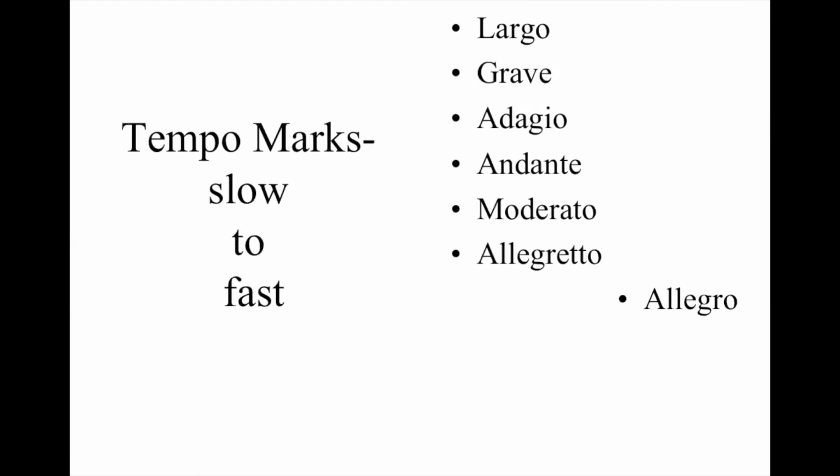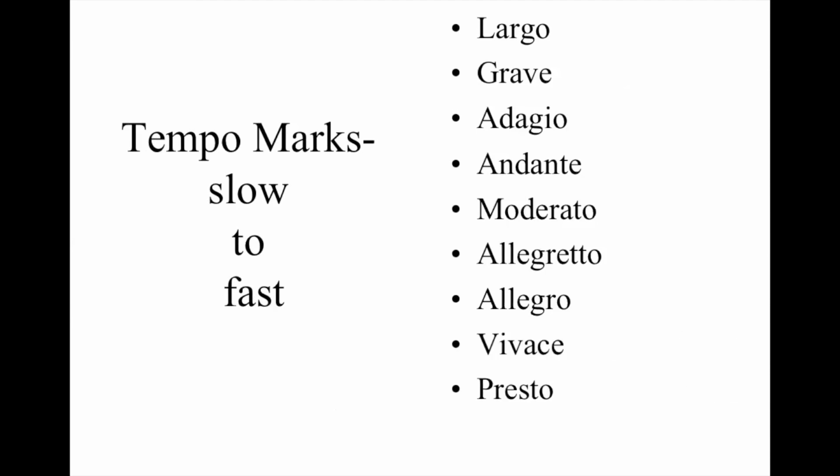So this screen has a number of tempo marks that would be good for you to know. It might seem like a lot, but I promise there are even more in this world. These are all Italian words. Largo, which is very slow. It actually means large, like the beats are large. Grave, seriously. Adagio just means slow. Andante actually means you walk, so that's sort of a walking speed.